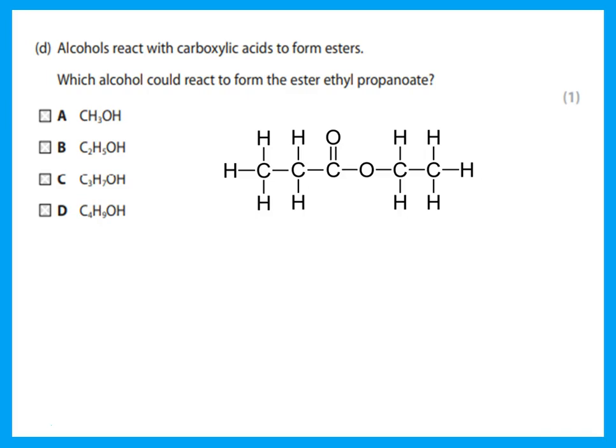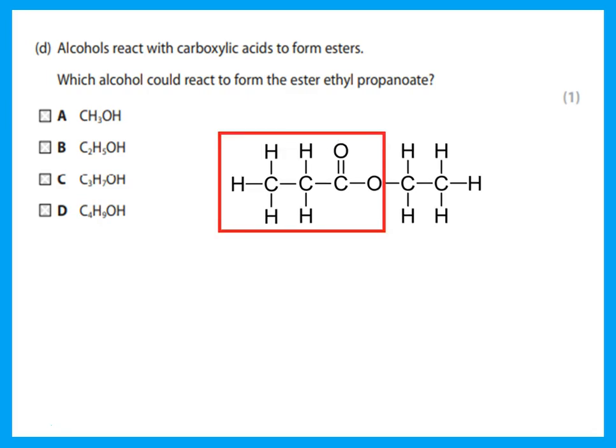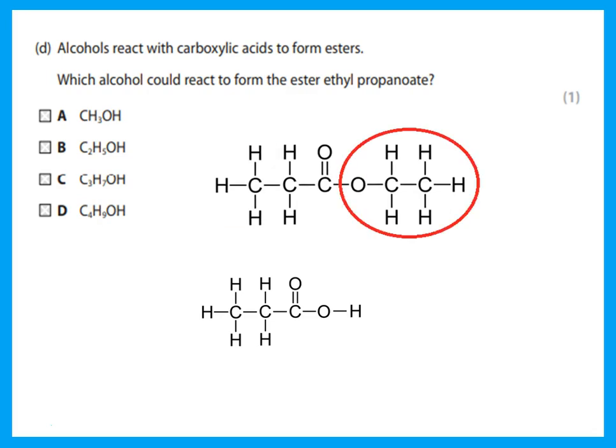That means the part that is propanoate was the part that was acid, from propanoic acid. And then when he says ethyl, that means that part was ethanol, the alcohol. And that means that this ester was actually made from propanoic acid and ethanol, which is C2H5OH.